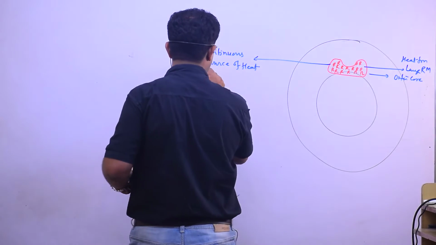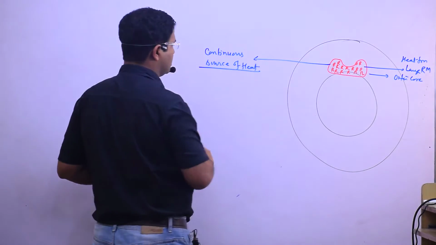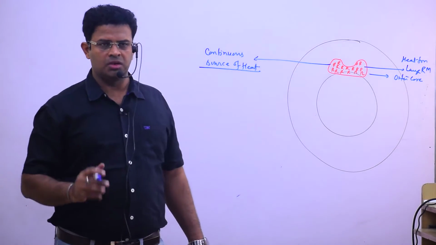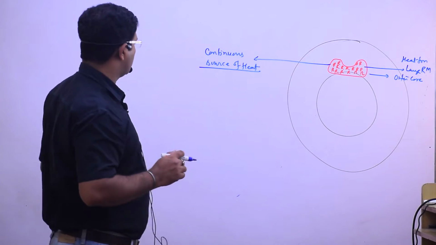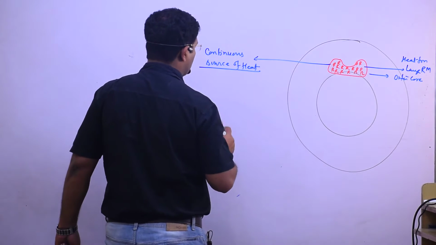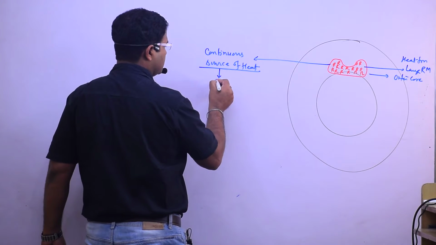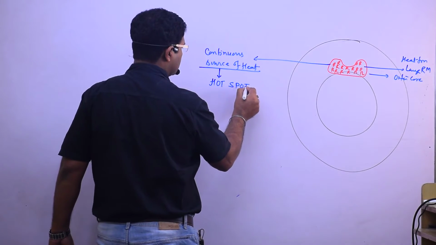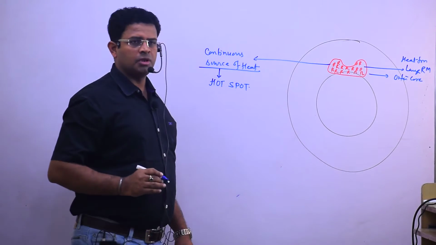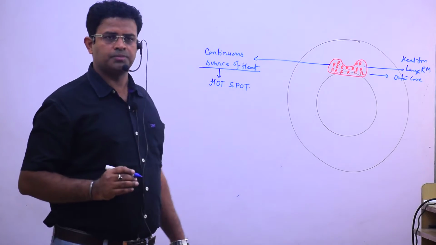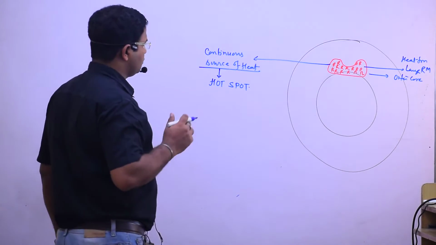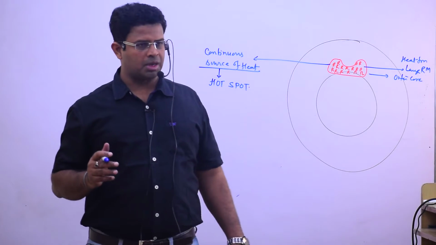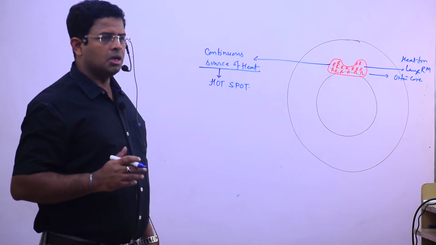What is the meaning of continuous source? If some reason in the Earth's interior becomes a continuous source of supply of heat, it is known as a hot spot. The reason within the Earth's interior that becomes a continuous source of supply of heat is known as a hot spot.